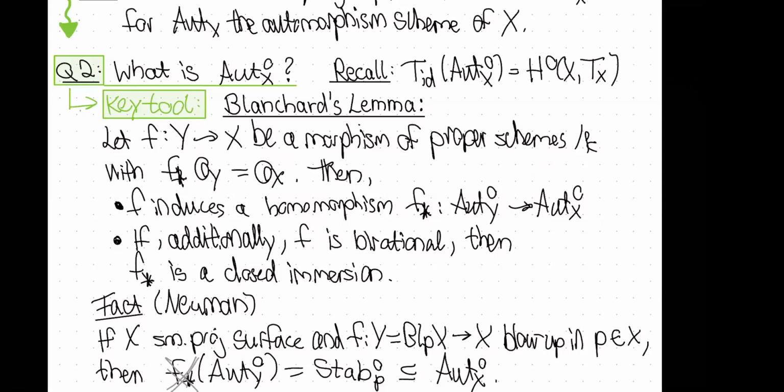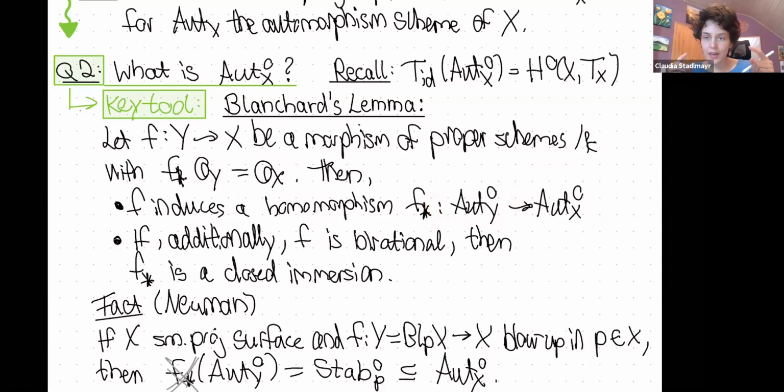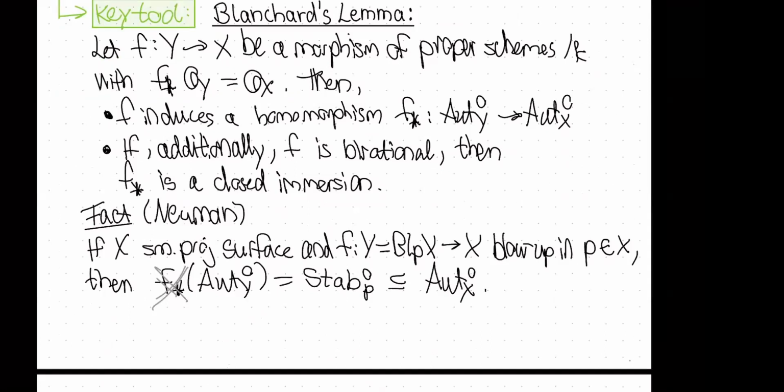So you have Aut Y0 acting on Y, and this descends uniquely to an action on X, such that your diagram commutes, where you have f from Y to X. Okay. Then, yes.